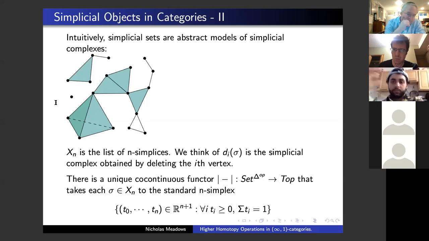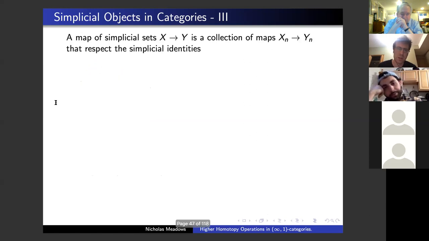And there's a unique co-continuous functor that takes each n-simplex to the standard n-simplex as a space. This is given by this formula abstractly, and it corresponds in the low dimensional cases to tetrahedrons and triangles and so on. So the idea is that simplicial sets are models of spaces, specifically spaces made up from these simplicial complexes.